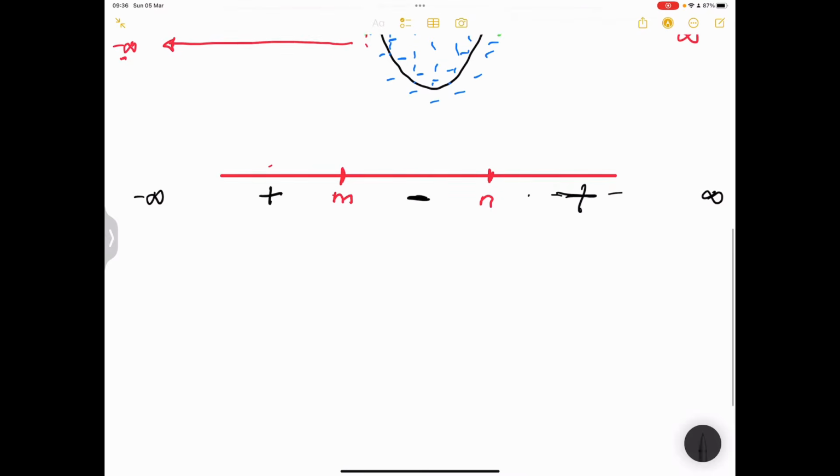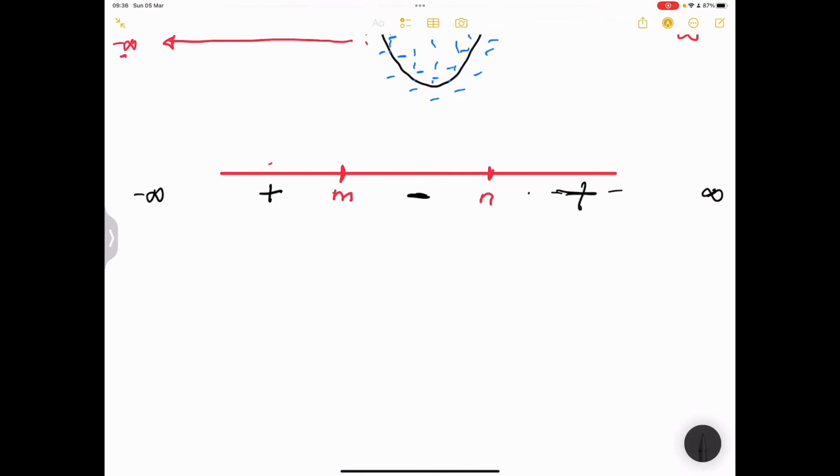Now, should they ask me for which values, let's say we got x minus m, x minus n greater than 0. Remember, m and n are the critical values. These are the values that we have over there. We call them the critical values where the graph is equal to 0.